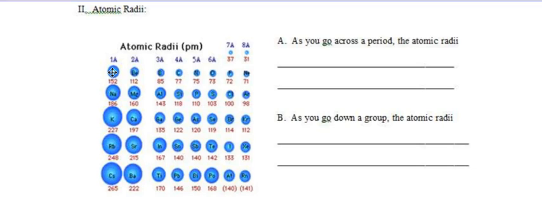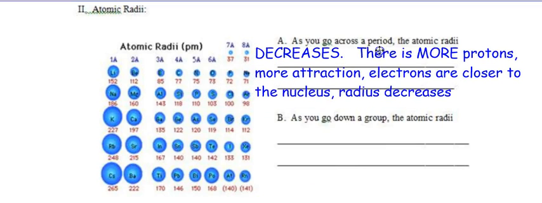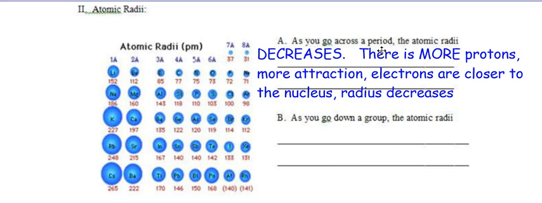And what happens? The electrons are being drawn into that nucleus, so the atomic radii gets smaller. That's pretty awesome, isn't it? So I wrote decreases: there are more protons, therefore greater attraction, therefore the electrons are closer to the nucleus, and the radius goes down. Good news for that electron.